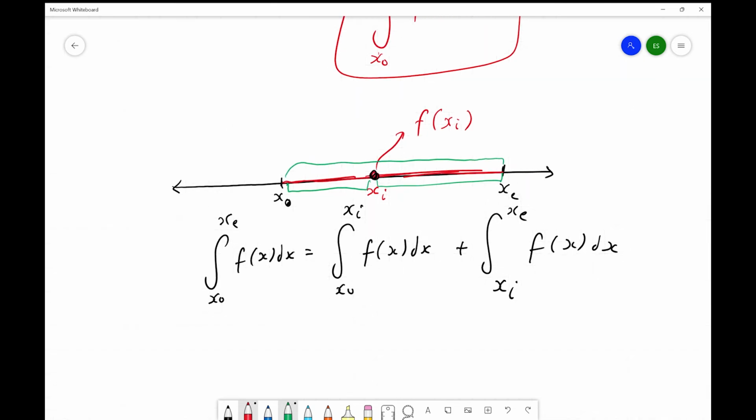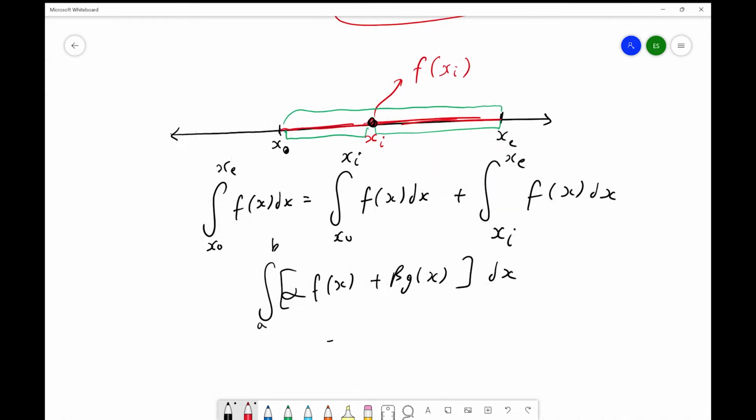But the more interesting property of integration is that it's linear. If you integrate alpha f of x plus beta g of x dx from a to b, this equals alpha times the integral from a to b of f of x dx, plus beta times the integral from a to b of g of x dx.